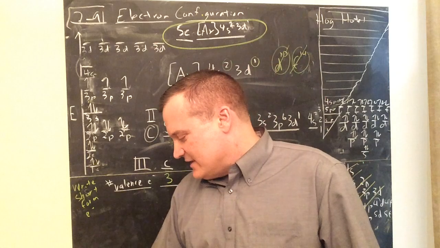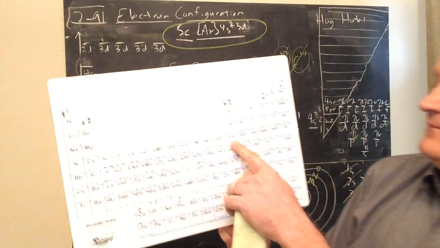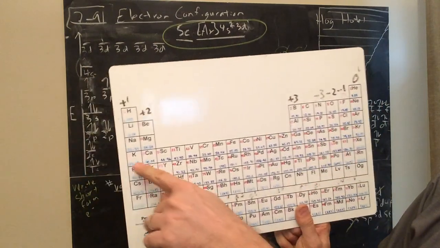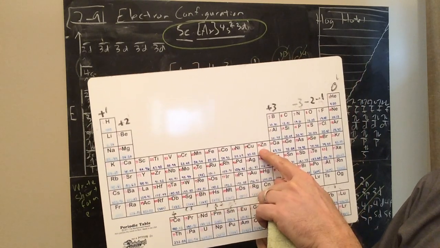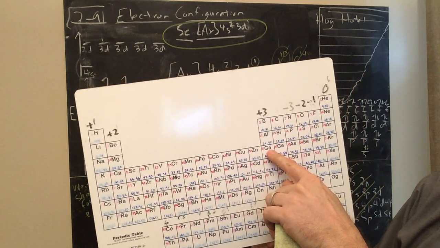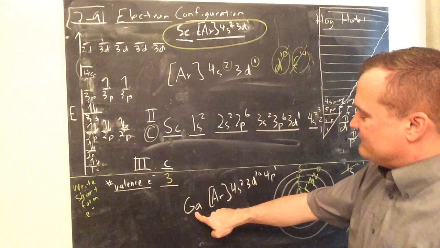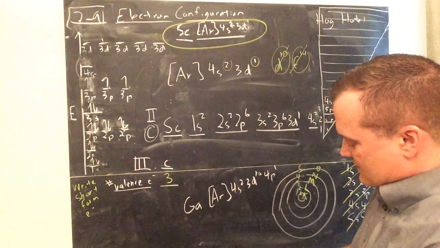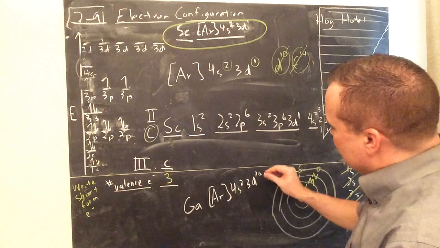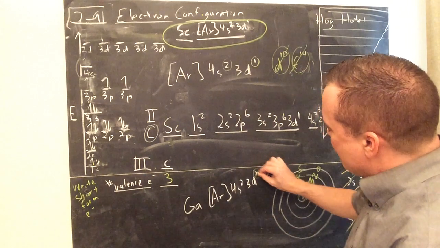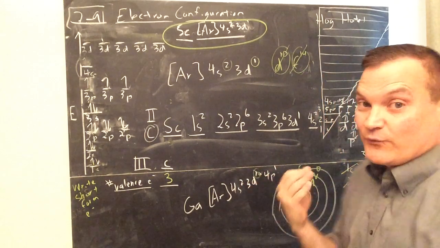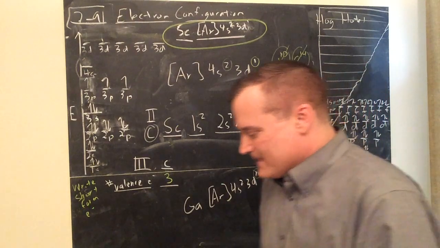So on the chart, argon, then 4s2, then the d's are full, 3d10, then 4p1. How many valence electrons does gallium have? Well, I have 3d10, and those don't count as valence. So it would be 2 plus 1, 3 valence electrons.